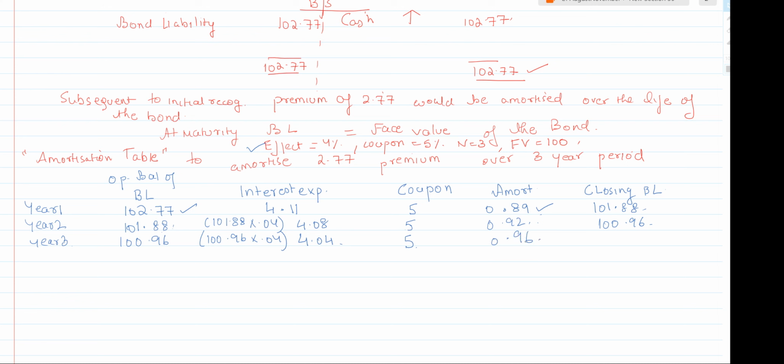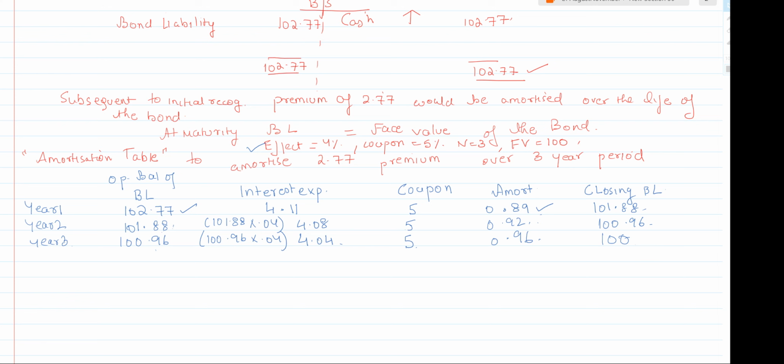My amortization is 5 minus 4.04, which is 0.96. And my bond liability would reduce by the amount of amortization: 100.96 minus 0.96, that is 100.